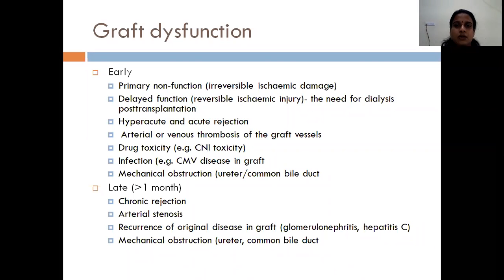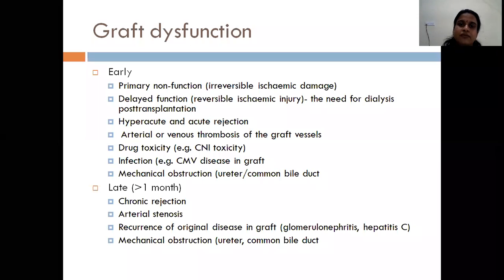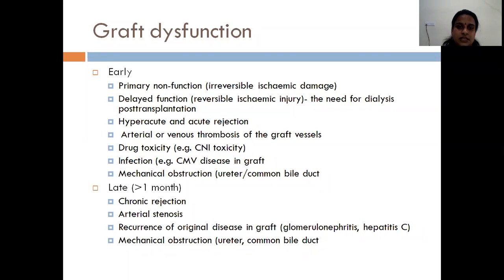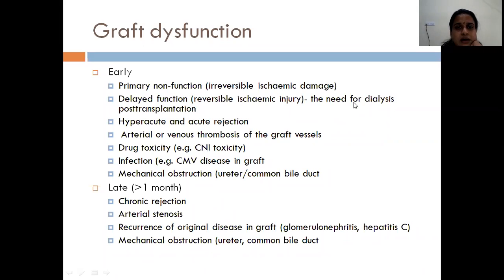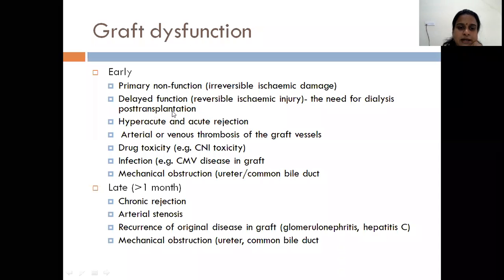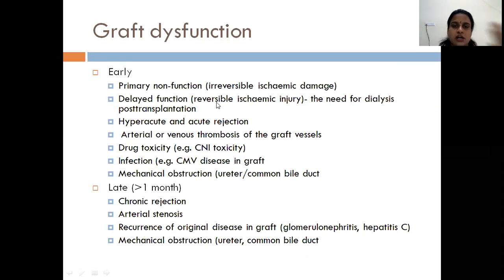So that is primary non-functioning, a failed procedure. Delayed functioning is usually reversible ischemic injury, necessitating dialysis for a short term after transplantation. So this is reversible. You can always intervene. I told you the causes of such reversible injuries.